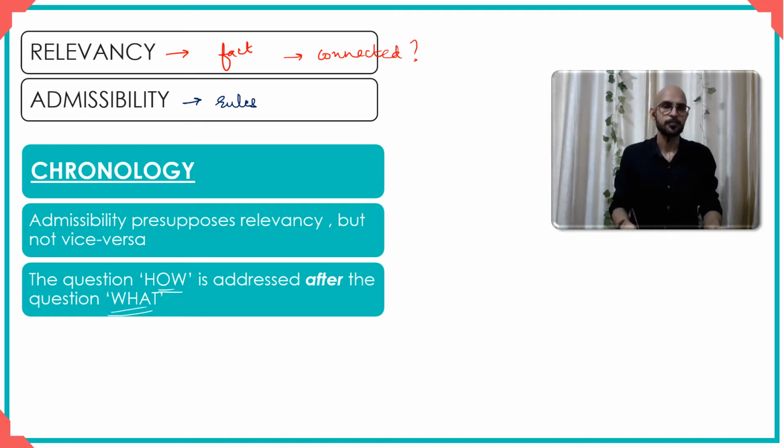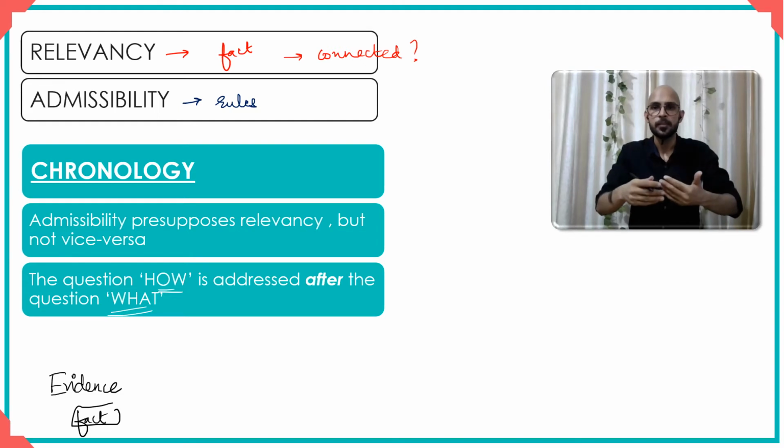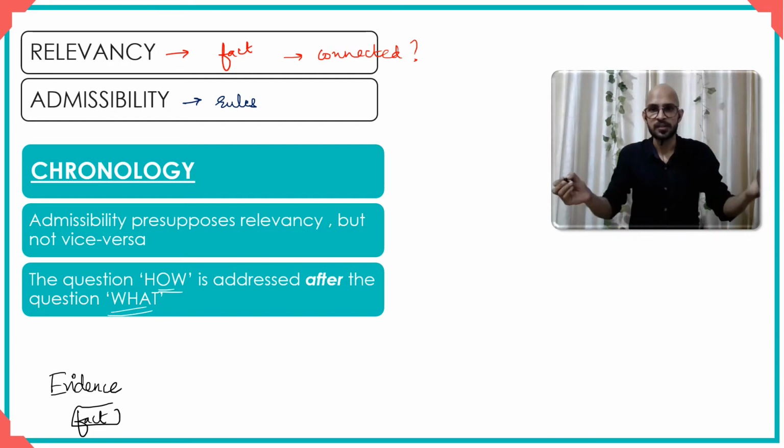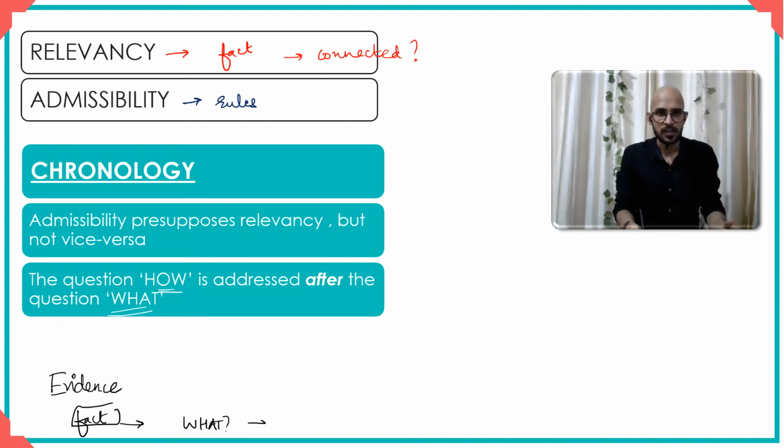So let us say we have evidence, okay, and as you know, the evidence carries a certain fact. That's what the evidence is. An evidence is basically a medium on which you get the fact before the court. So let us say you want to say that A stabbed B. Now the witness is evidence. What is he bringing with him? A fact. So we first check, what is he saying? Is it relevant?